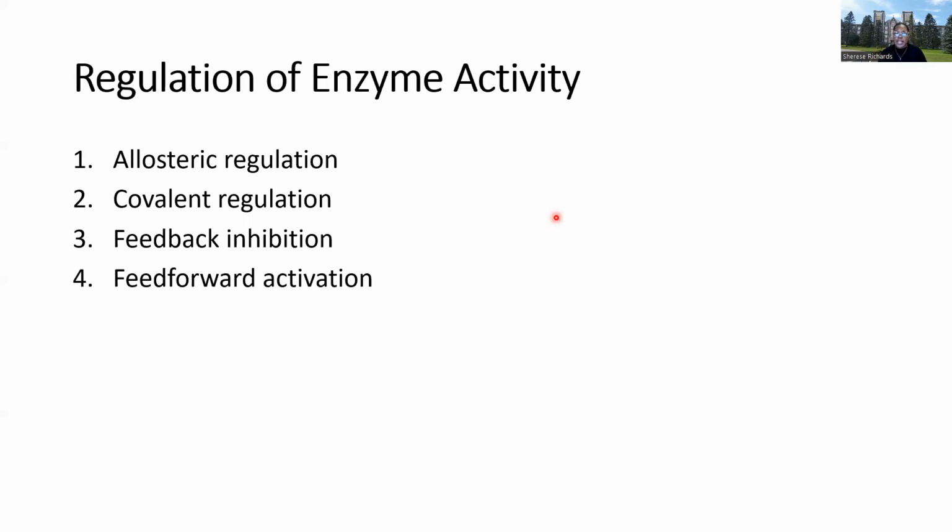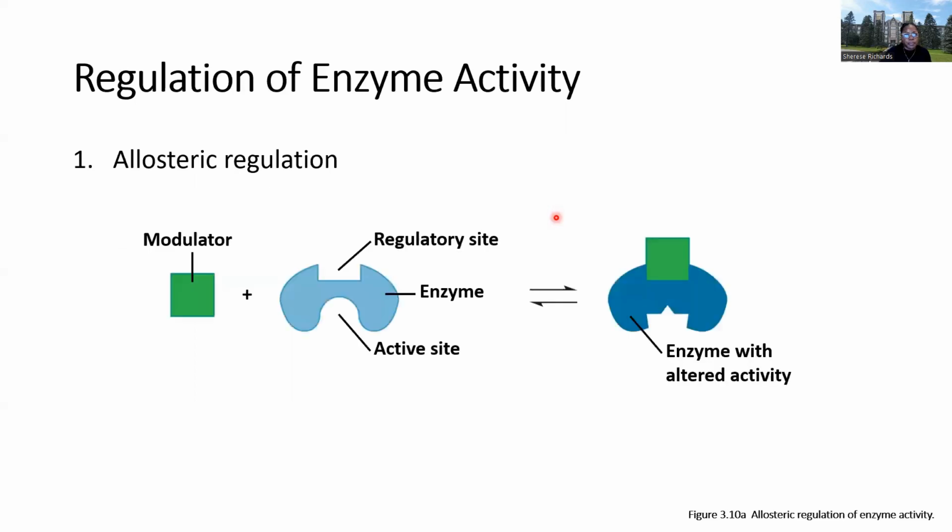How do we turn the enzymatic activity on, and how do we turn it off? Because we don't want enzymes to be just continuously catalyzing reactions. We want there to be some regulation to how enzymes behave. We want to be able to turn them on when they need to be on and turn them off when they're not needed. And so there are 4 ways to actually regulate enzymatic activity.